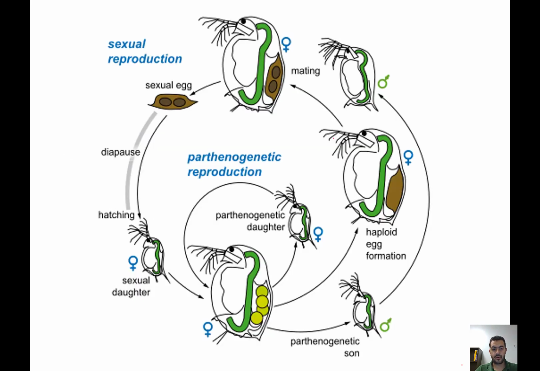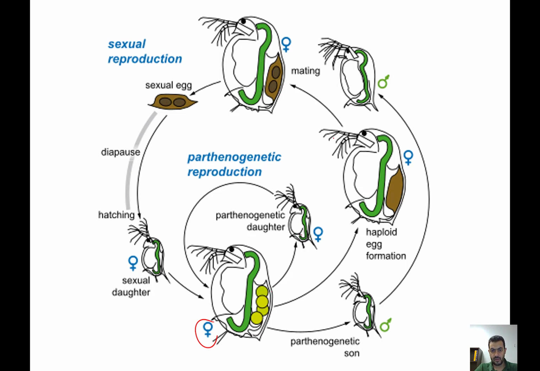One example of an organism in which we will see parthenogenesis is Daphnia. Daphnia is sometimes referred to as water fleas. Here we can see a female Daphnia, and it produces diploid eggs.